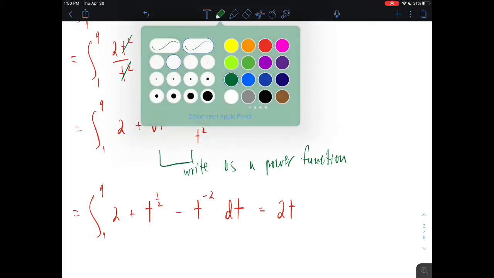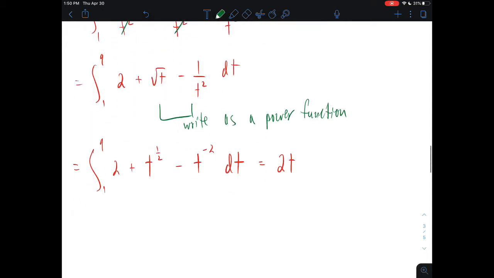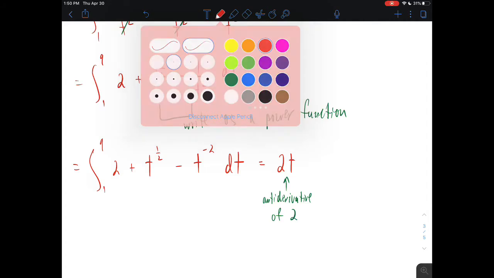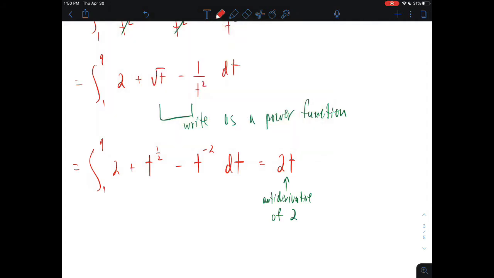So I'll make a note that 2t is just the antiderivative of 2. And then t to the 1/2, remember what we saw in earlier sections, I'm going to increase my power, so 1/2 by 1. 1/2 plus 1 is 3/2.